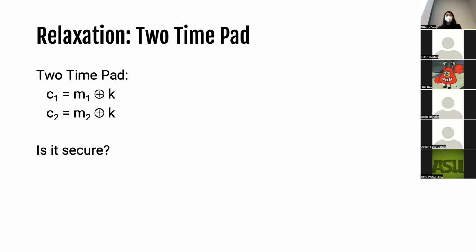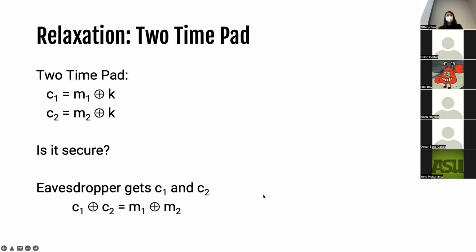All right, now I can give you the answer. So it turns out that it's actually not that secure. If an attacker can eavesdrop and get C1 and C2, he can use a very interesting and pretty easy formula. He can calculate the XOR result of M1 and M2 using the XOR result of C1 and C2.